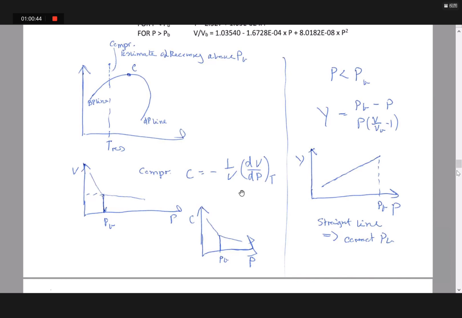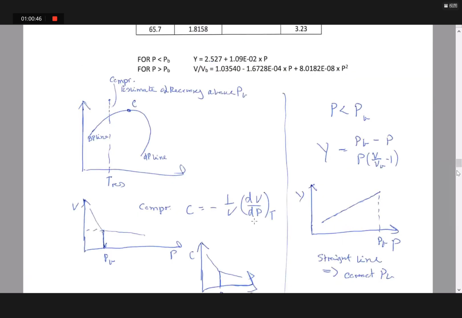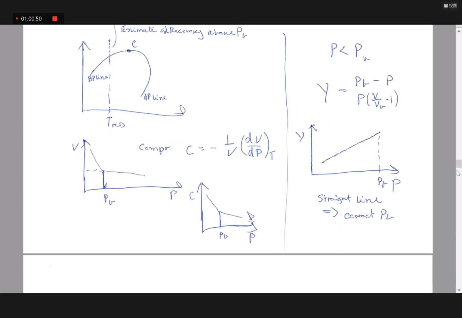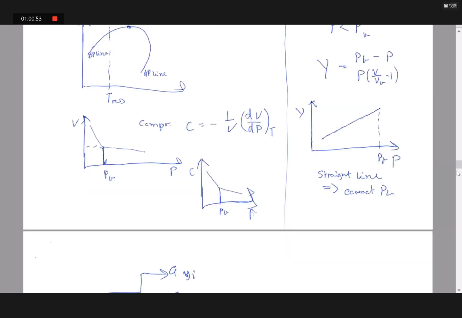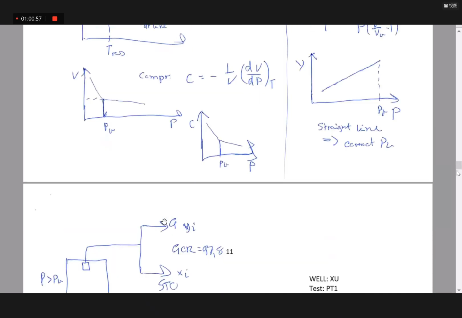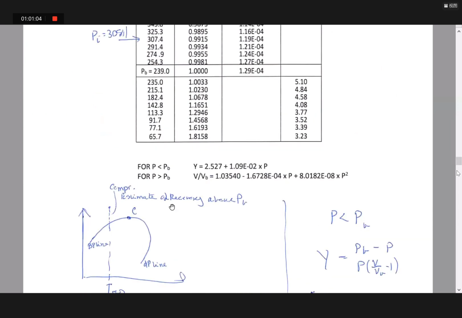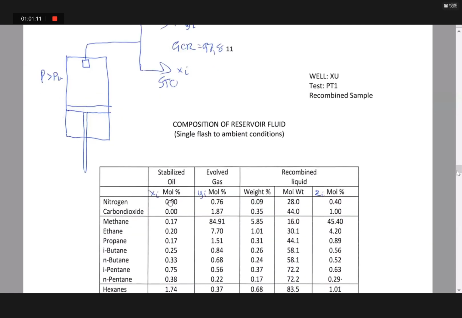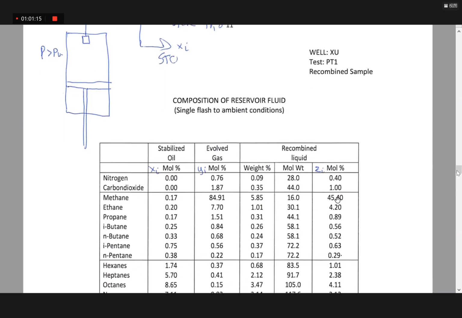Compressibility is a part of what we are doing, an important part. It's linked to the BO factor. And then we do a single flash of the recombined fluid, and we get a stabilized oil, and we get evolved gas, and we can calculate it back to a composition.